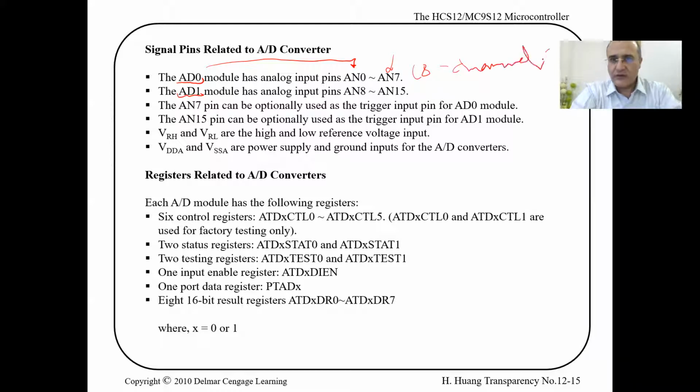The other A to D, AD1, also has 8 channels. We start counting after 7, so AN8 up to AN15. So we have 16 channels that we can connect to 16 transducers, 16 sensors, whatever.